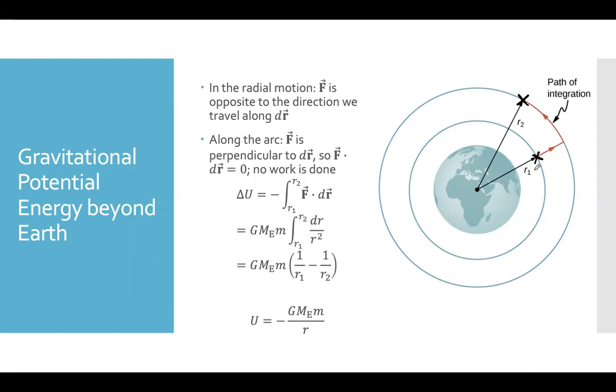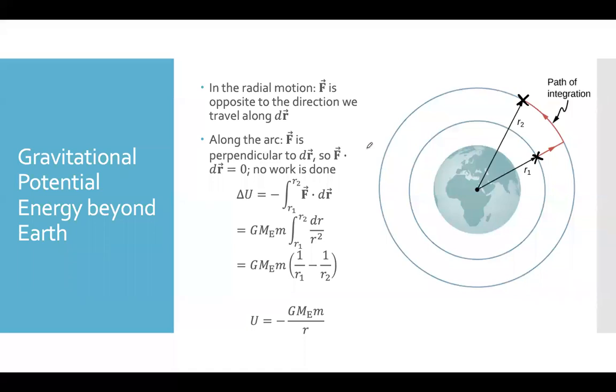First, we will need to remember that in the past, our difference in potential energy is equal to negative the integral from R1 to R2 of F dot dr. Hopefully you remember that from us talking about gravitational potential energy in the past.